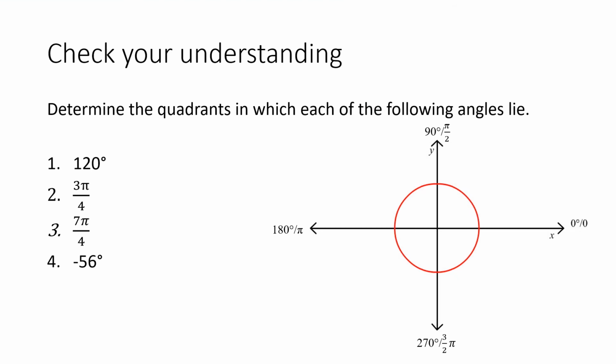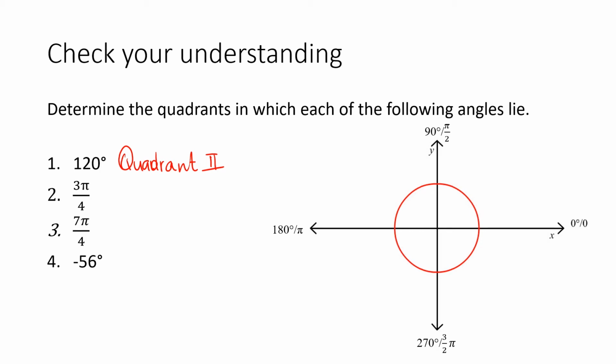Now let's check our understanding of the lesson so far. We have a question here: determine the quadrants in which each of the following angles lies. So our first angle is 120 degrees. 120 degrees would fall between 90 and 180, so therefore this one lies in the second quadrant.